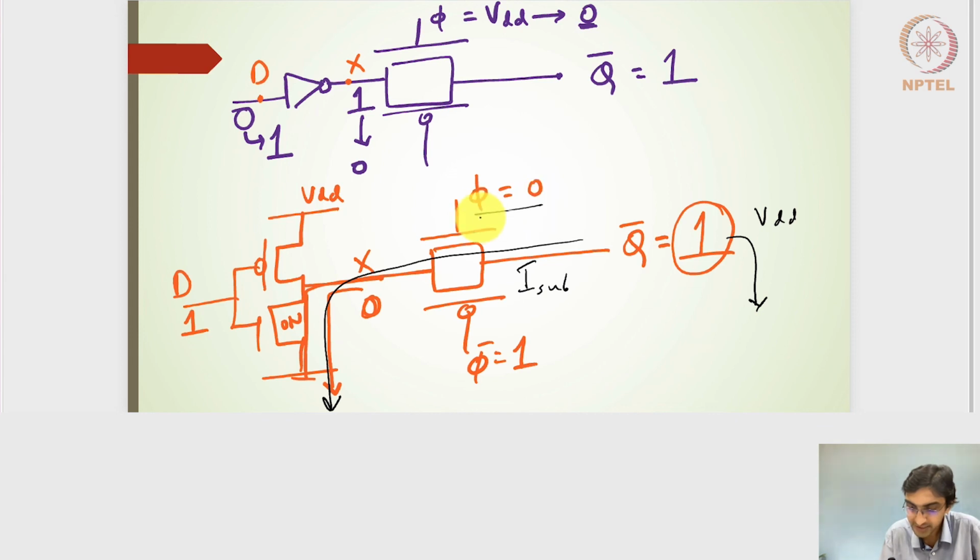So even in an opaque state, because of this subthreshold leakage channel, there could be a change in the output voltage if it is maintained for a longer duration, right?